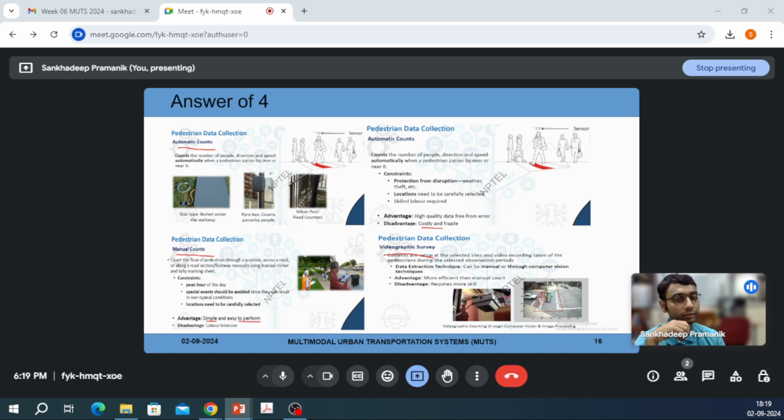And for videographic survey, it is more efficient than manual count, but it sometimes requires more skill, and the detection accuracy may not be that high. So in this figure, you can see that people don't have to count manually, but from the videographic image, the processing can be done to count the pedestrians.